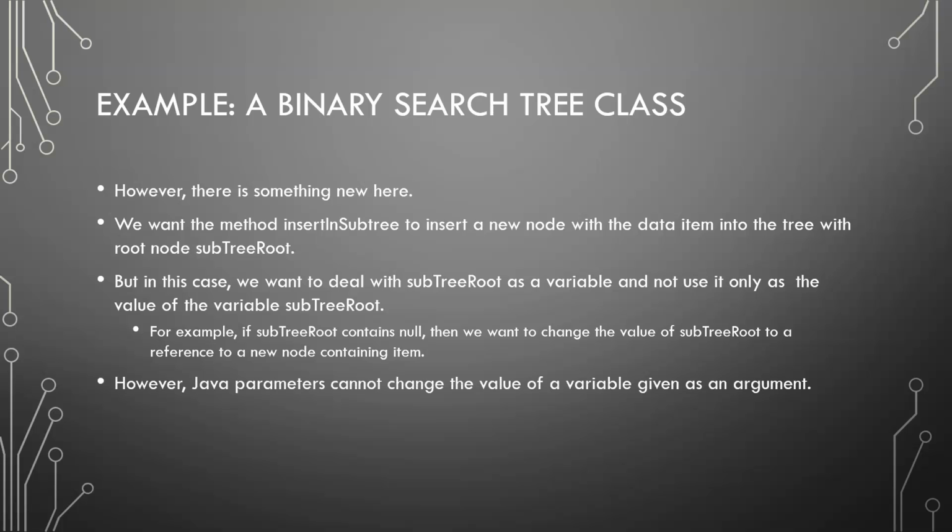However, one thing to consider is that Java parameters cannot change the value of a variable given as an argument. It doesn't handle it like that. So we have to do things just slightly differently in order to really address this problem.